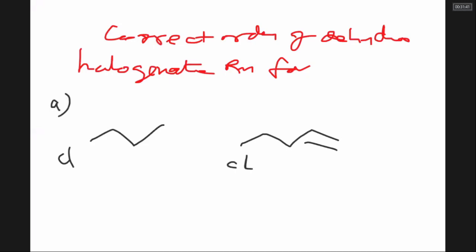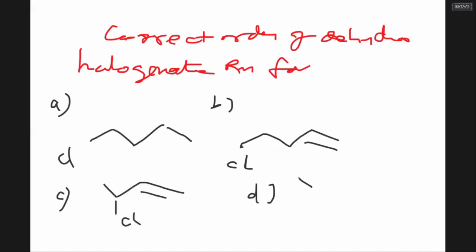Yes, this is Cl. Here there is a connection. Cl. Among these four, which most readily undergo dehydrohalogenation?